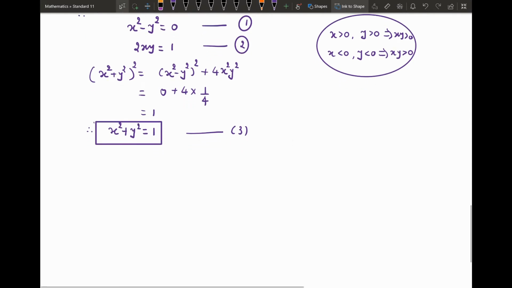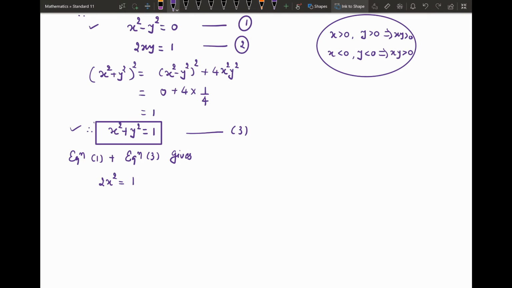Now equation 1 plus equation 3 gives, so when we take addition of these two equations, 2x square equal to 1.